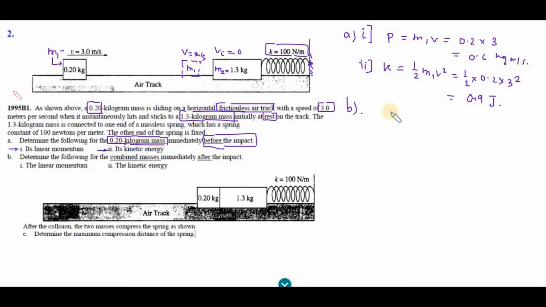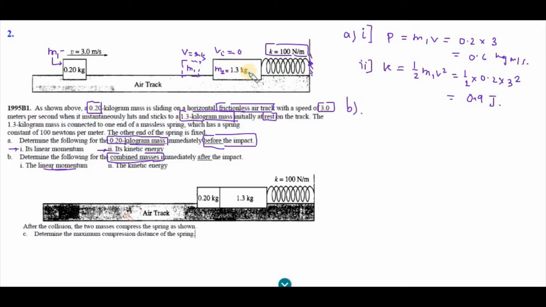According to conservation of momentum, we know that total momentum is always conserved. Combined masses means that the two blocks will be moving together.